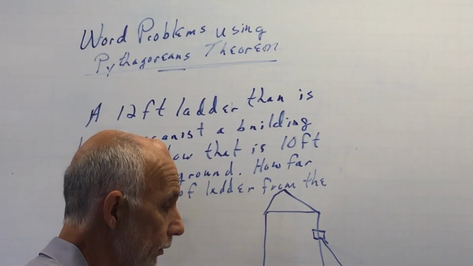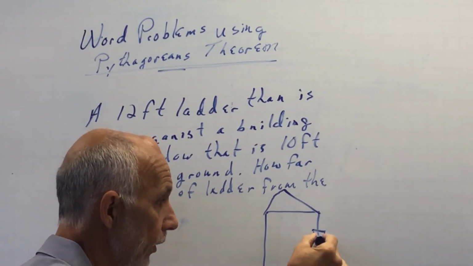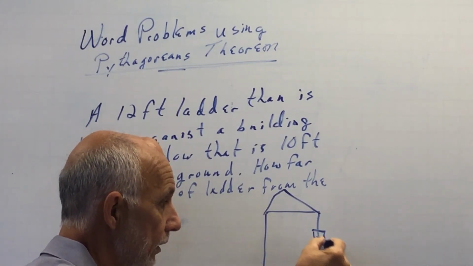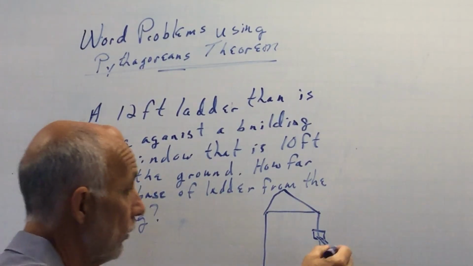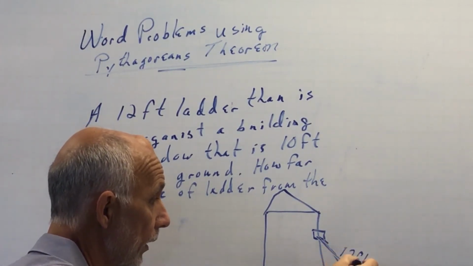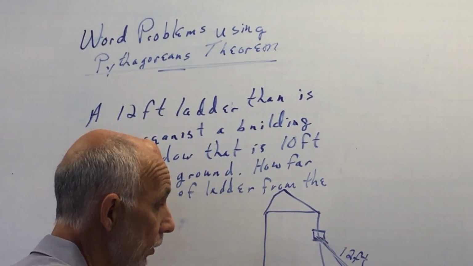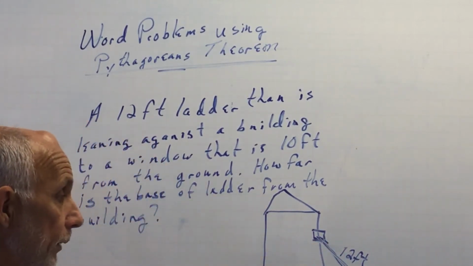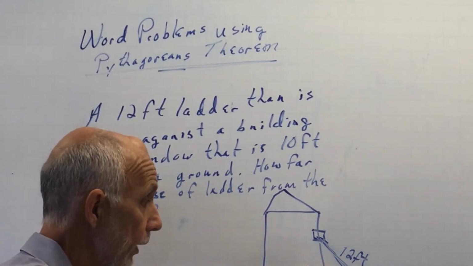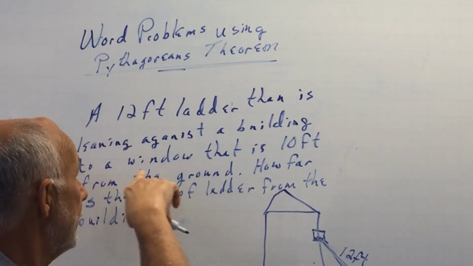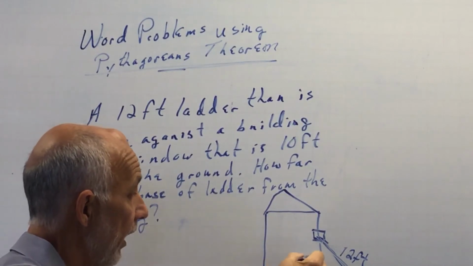So that's what I'm looking for. I know this distance, that's the ladder. So what's the distance of the ladder? The distance is 12 feet. And I know this distance too. That's the distance from the ground up to the window. So what's the distance from the ground to the window? It says the window is 10 feet high.